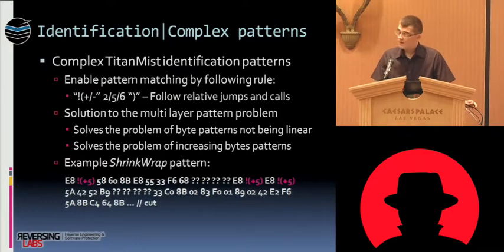So if we have an E8 byte, which is followed by 4 bytes, of course, because that's a call, and it's in the plus direction, we can just follow that and continue pattern matching from the first byte inside the call. And as you can see, there are some other calls inside the pattern as well that we just follow. So this also solves the problem of byte patterns not being linear and the problem of having way too big byte patterns as well.